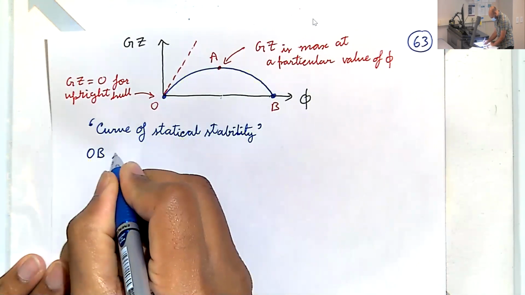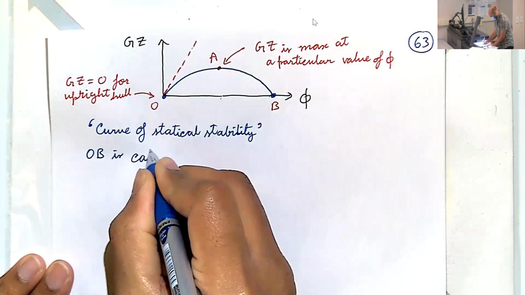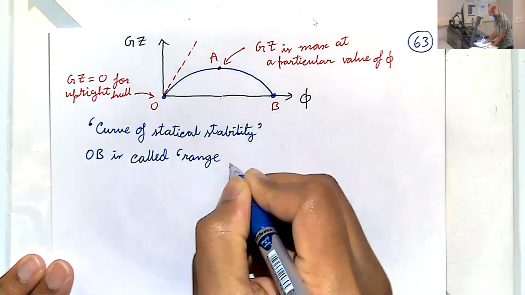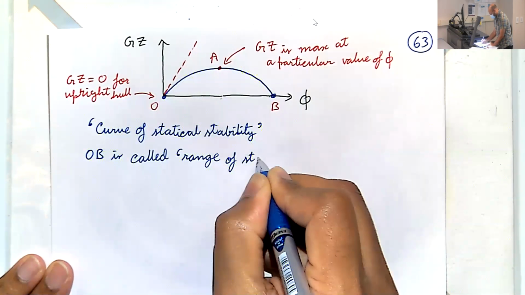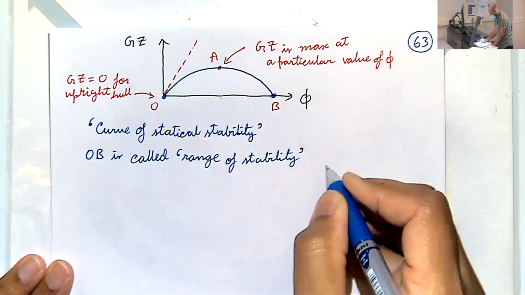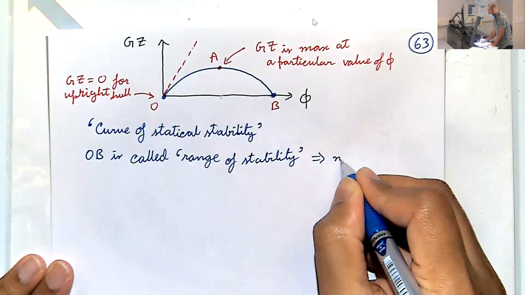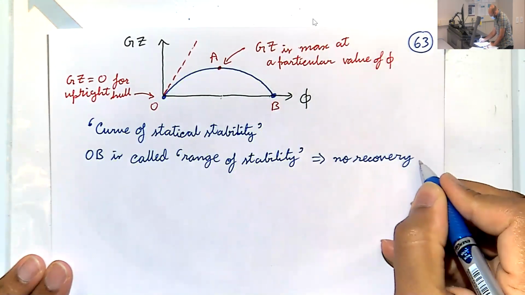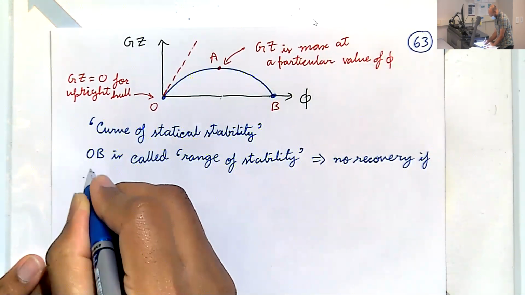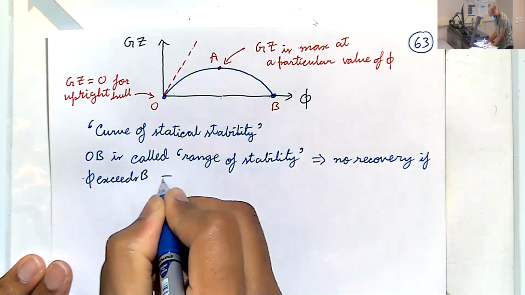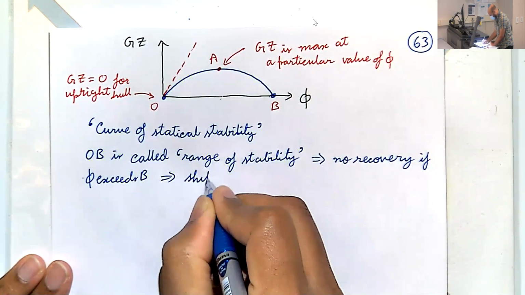OB is called range of stability, because no recovery if phi exceeds B, then your ship will capsize.